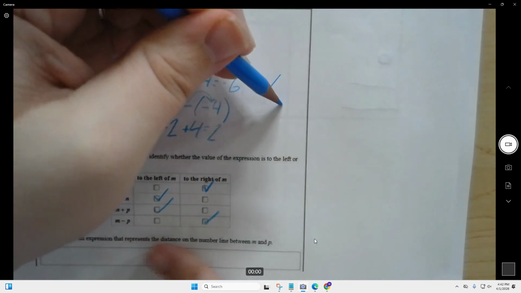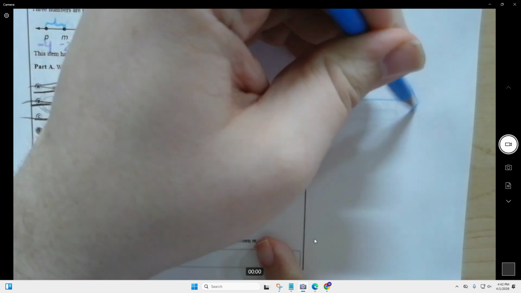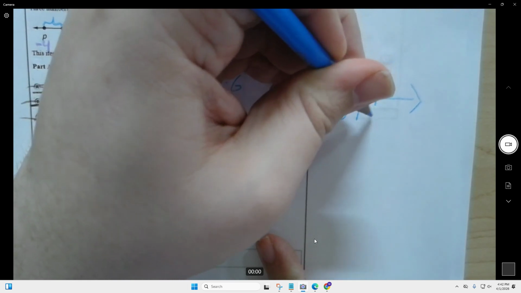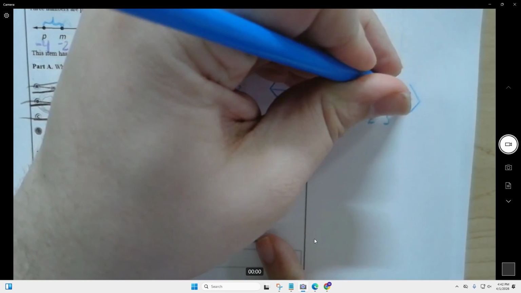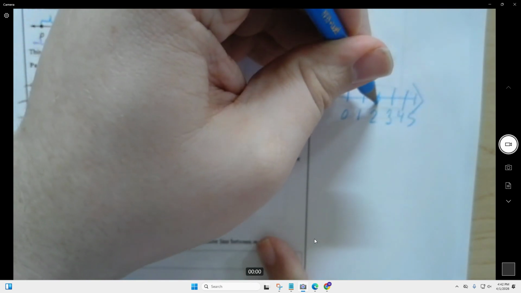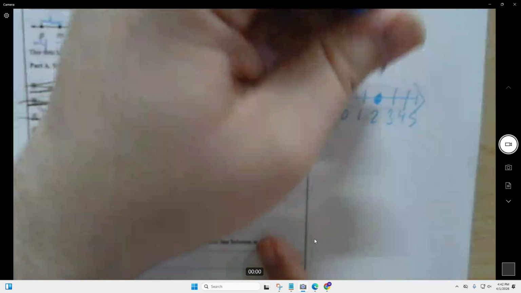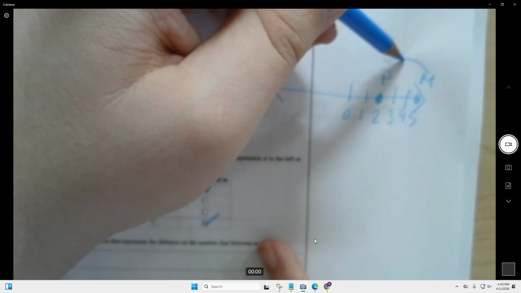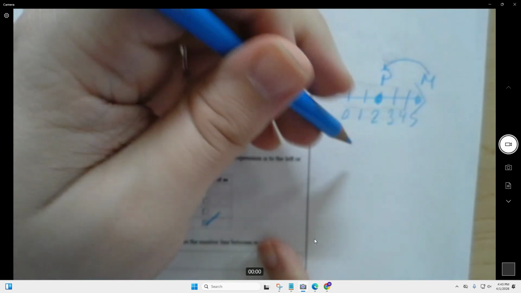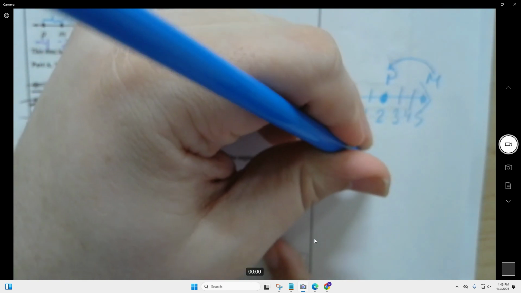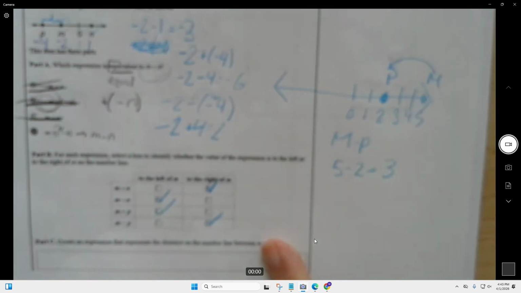So if you were to take a number line, ignoring the actual question itself, and let's say you wanted to know the distance between point P and point M here, how would you do it? You would do M minus P, or 5 minus 2, which is 3.